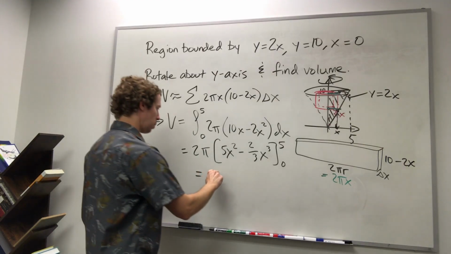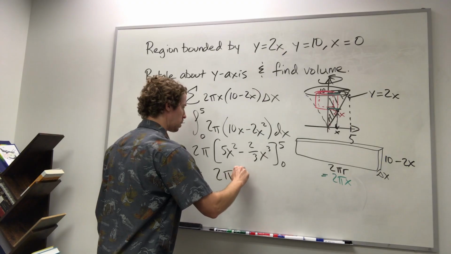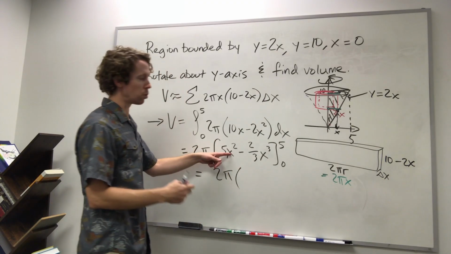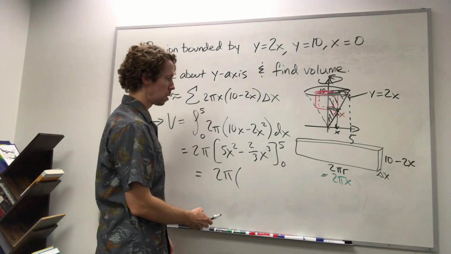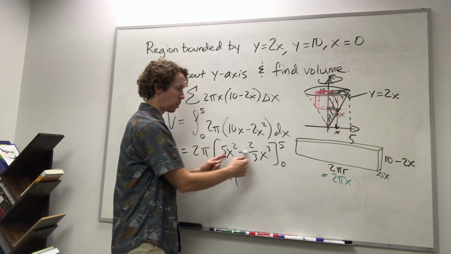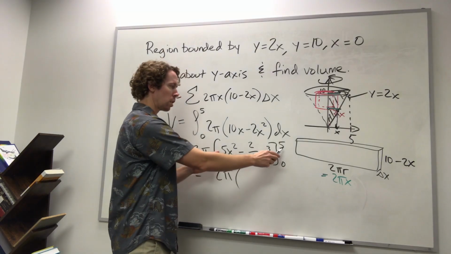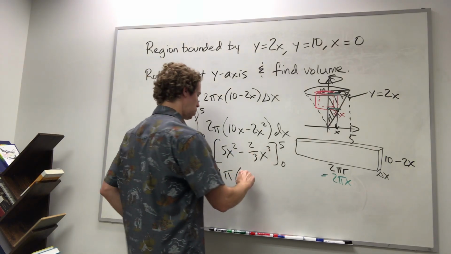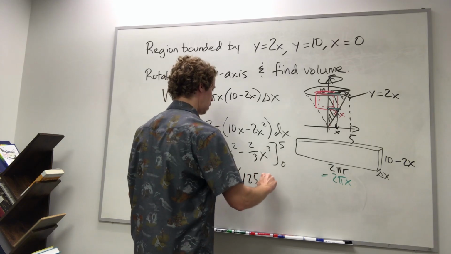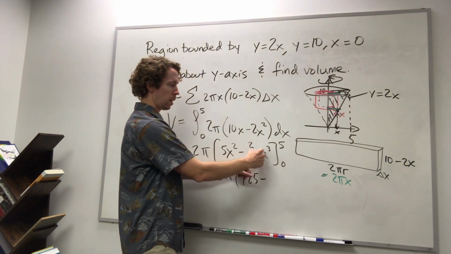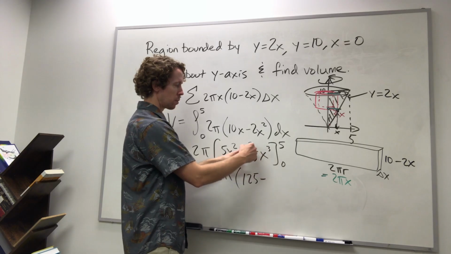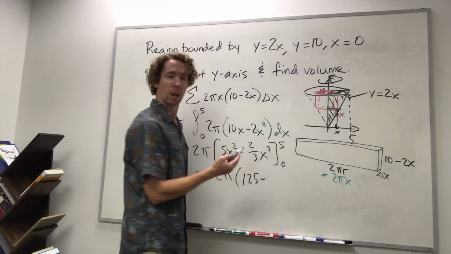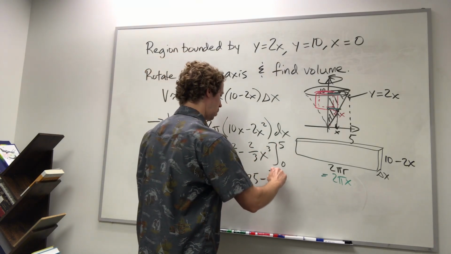All right, and now what I get, I plug in 5 first, then I do minus, I plug in 0. When I plug in 0, both terms 0 out, so I just need to plug in 5. 5 times 25 is 125. And again, this is 125, but it's times 2/3, so I'll write it as 250 over 3.